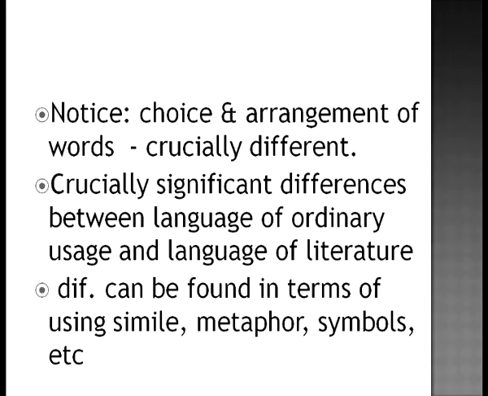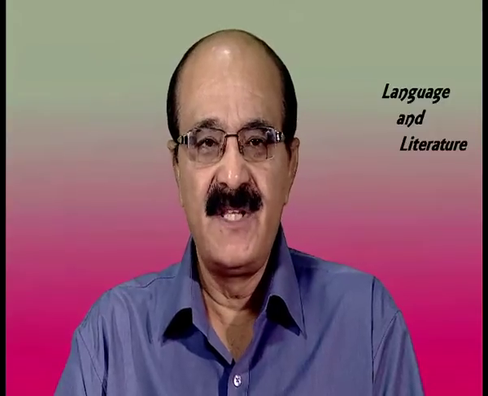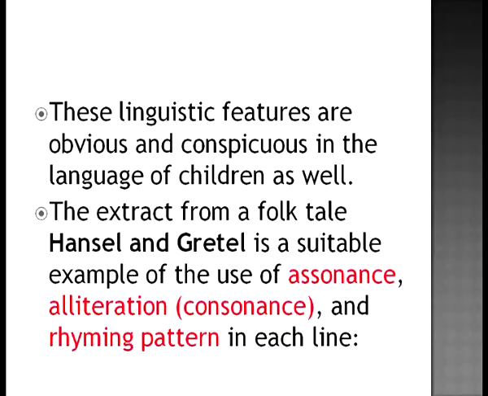This difference can be found in terms of using simile, metaphor, symbols, and so many other literary devices. These linguistic features are obvious and conspicuous in the language of children as well.